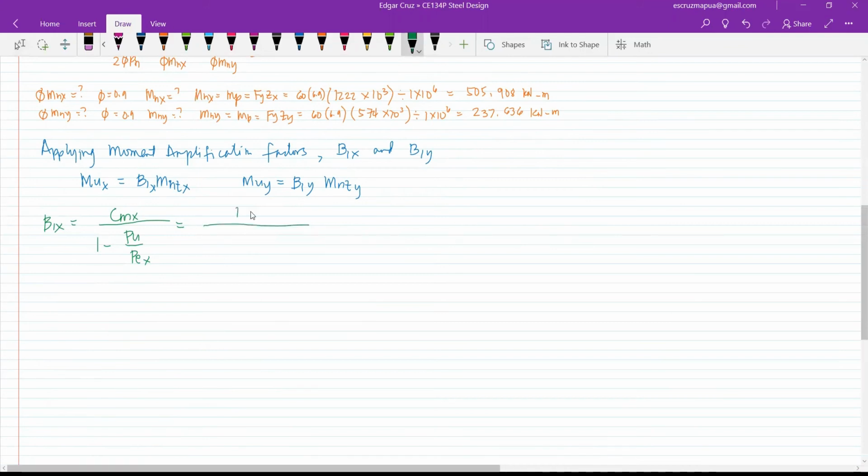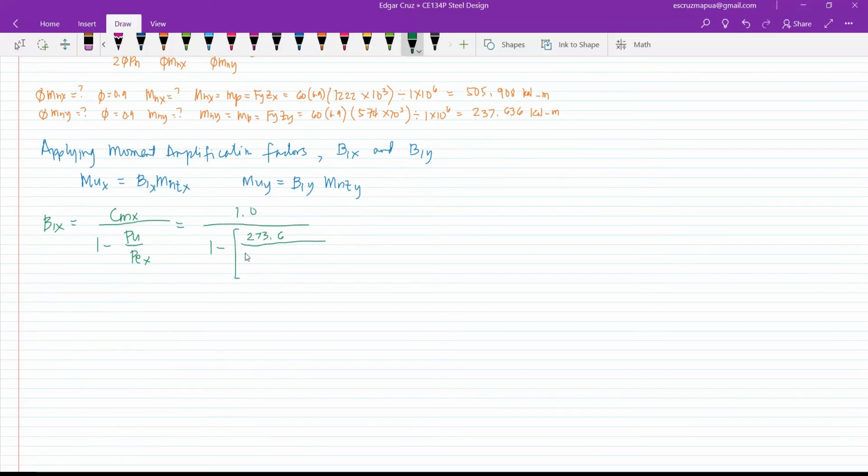So that would be 1, tapos 1 minus, okay, ano yung PU? Yung PU, yung na-solve natin kanina na 273, diba? So 273.6 kilonewtons divided by, ano yung PEX? PEX is the Euler's critical load.